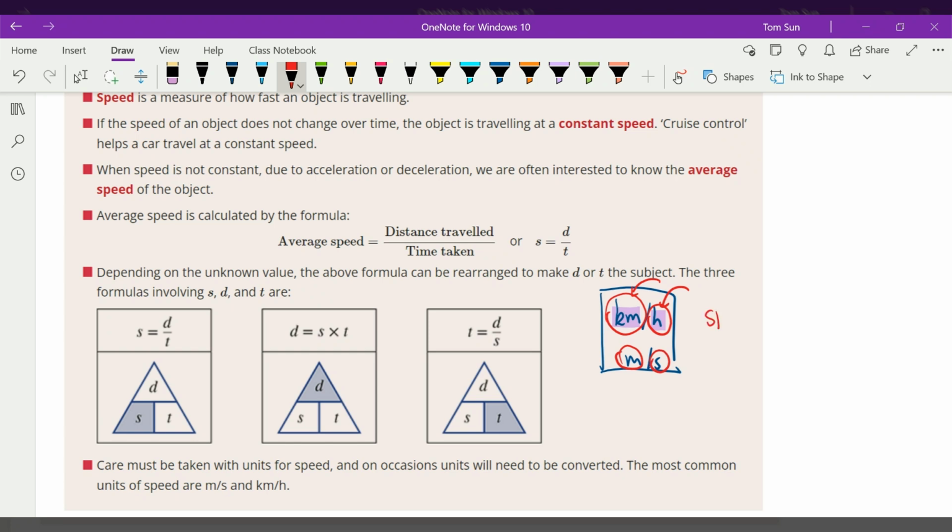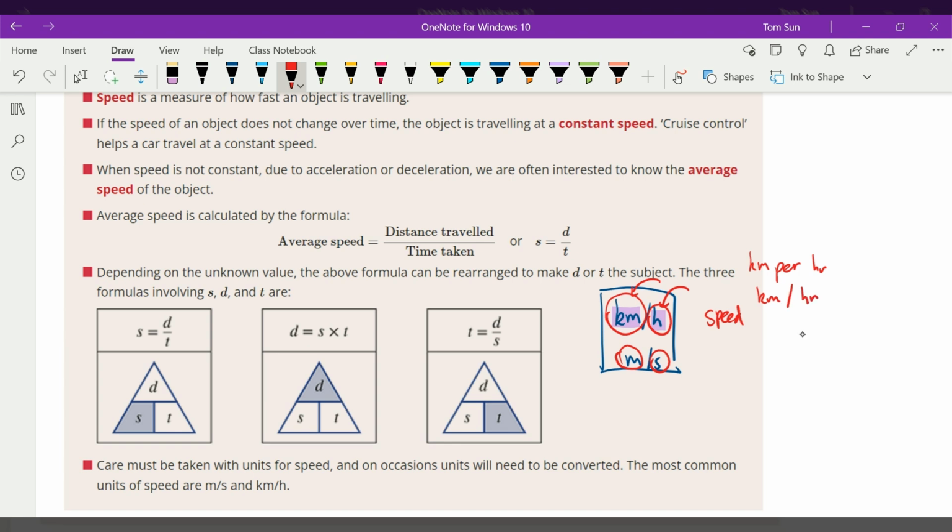Basically, speed is a rate, the two units being compared being distance and time. We've learned this idea of per before. When we say kilometers per hour, we can write it as kilometer slash hour.